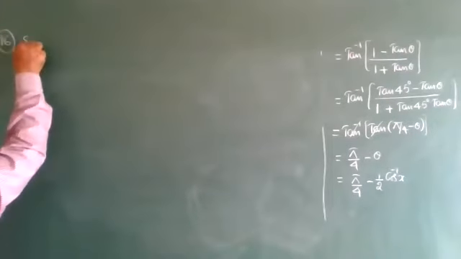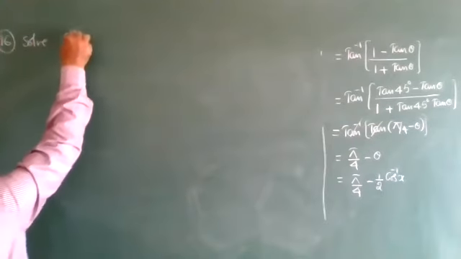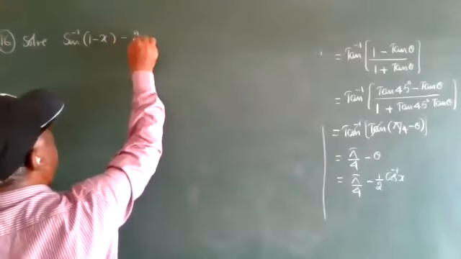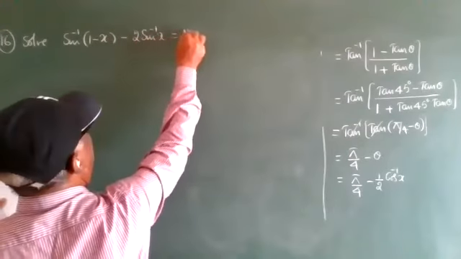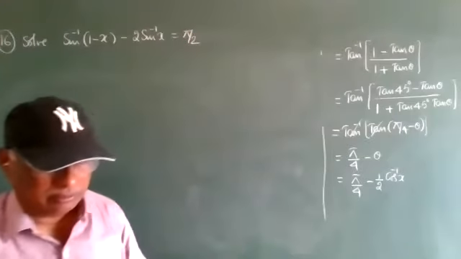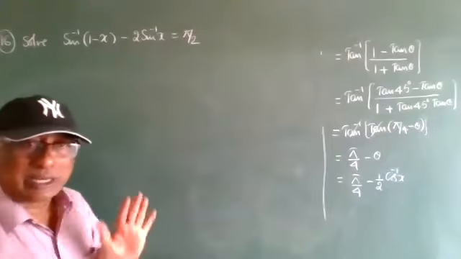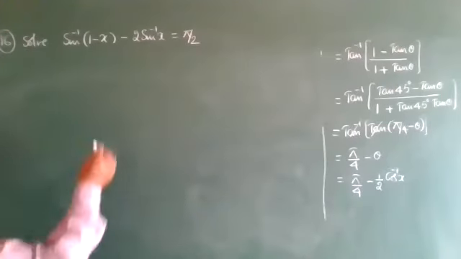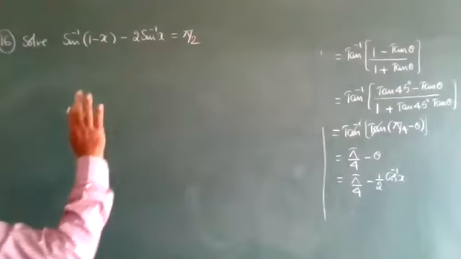Solve sine inverse of (1 minus x) minus 2 sine inverse x is equal to pi by 2. Solve means find x value. X value is required. Okay? That's why I'm going to first bring the negative term on the right hand side.